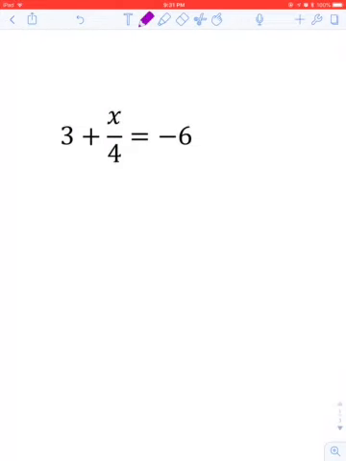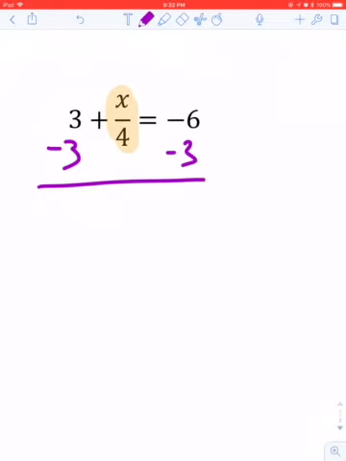Okay, so this one, it looks a little funky. You have a fraction here. You don't have a fraction here. Okay, remember one thing I talked about is highlight where your x is and everything with it. The 4 and the x are together, so you cannot break them apart yet. We had to get rid of this 3 first. You must get rid of that 3 first.